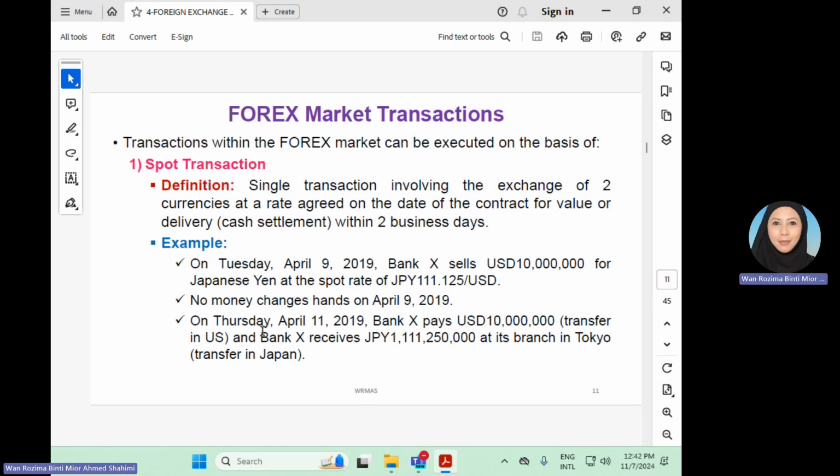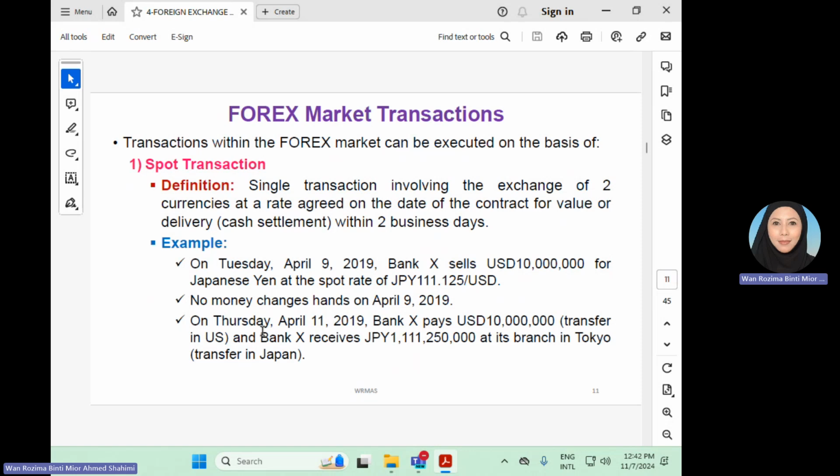So on Thursday, April 11, 2019, Bank X pays USD 10 million, USD transferred in the US, and Bank X received, as you can see, 1 billion, and its branch in Tokyo transfers in Japan. So how to do this? USD 1 million, and then you have Japanese yen 111.125 against USD.